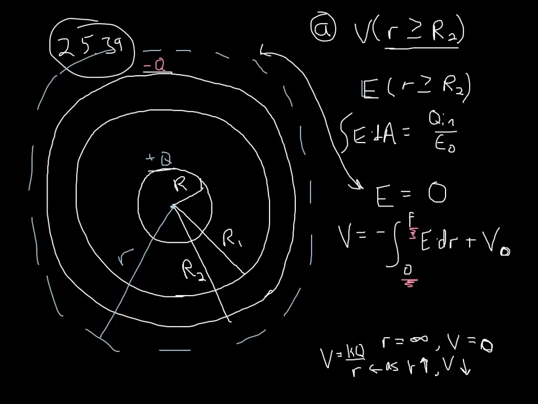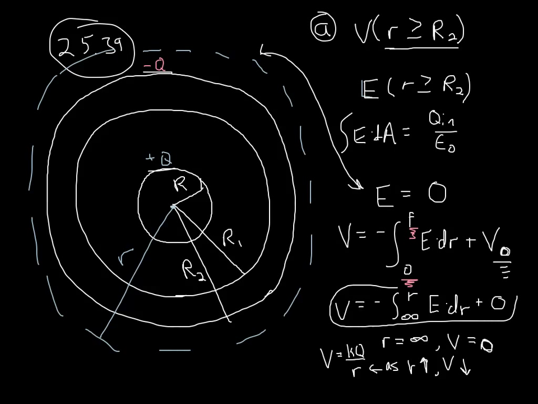If we use infinity as our reference point, then V reference becomes 0, and our potential is equal to the negative integral from infinity to our Gaussian surface position R of E dot dr plus 0. This gives us our V equation. We plug in E equal to 0 and find that V for R greater than or equal to R2 is just equal to 0.